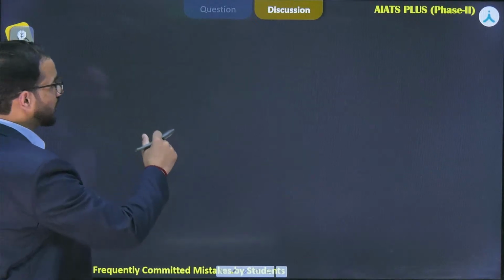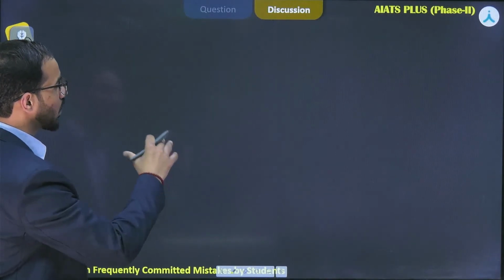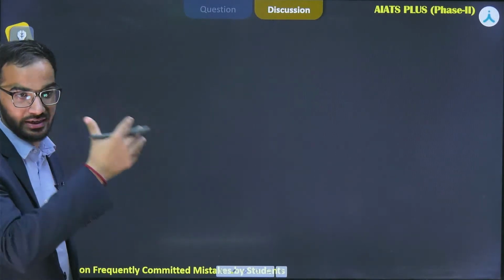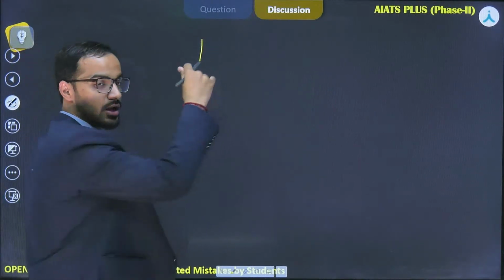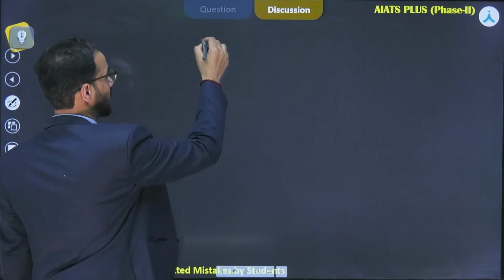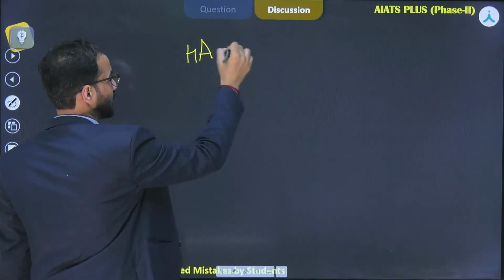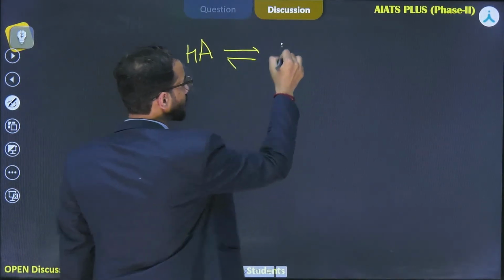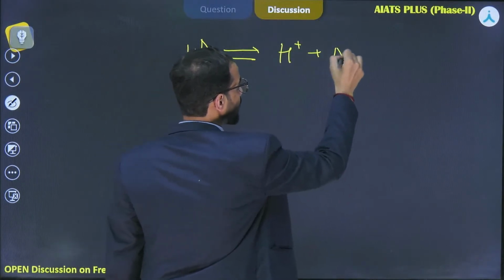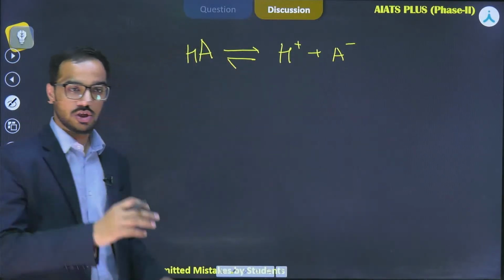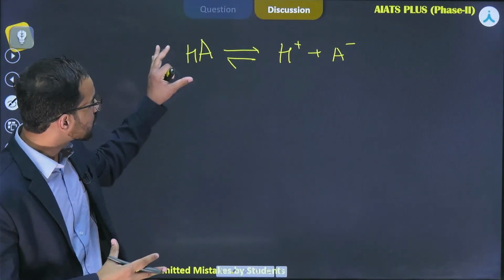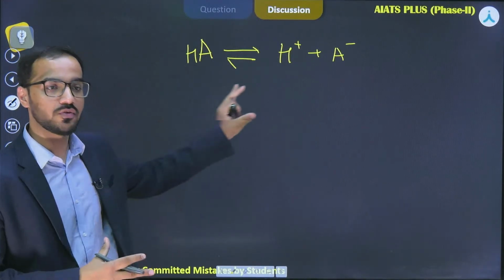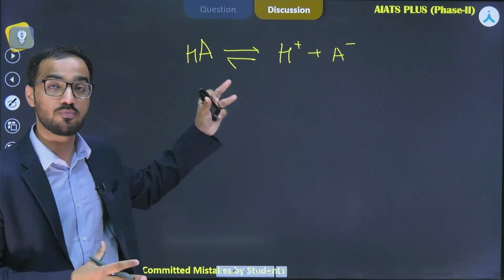What do you mean by acidity? Let us say you have a weak acid, HA, giving H positive plus A negative. When will you say which compound is more acidic?